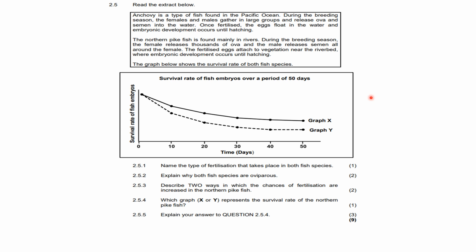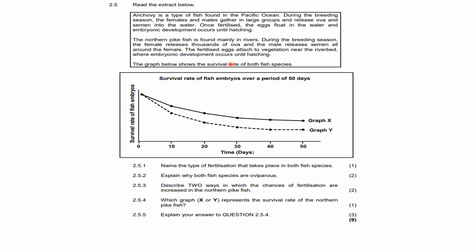So reading the extract, it says that anchovy is a type of fish found in the Pacific Ocean. During the breeding season, the females and the males gather in large groups and release ova and semen into the water. Once fertilized, the eggs float in the water and embryonic development occurs until hatching.